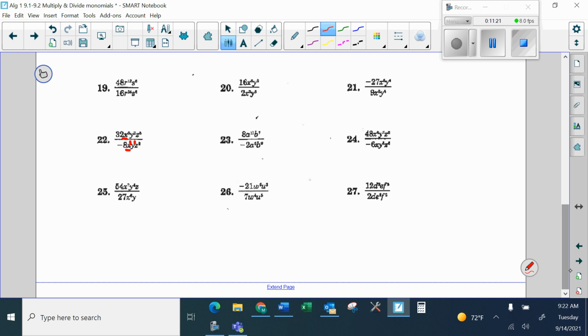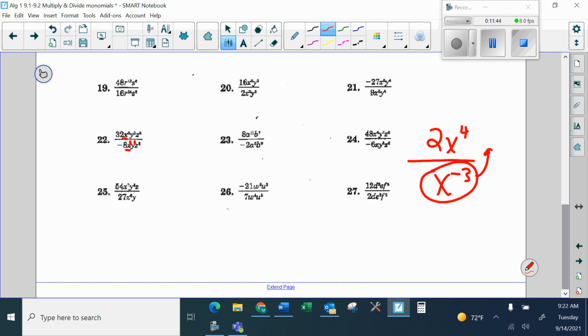Let me make up a different one to show you a different way. Let's say I have 2x to the 4th over x to the negative 3. I could subtract down and do 4 minus a minus 3 and get 7. But the other way is to always just change the negatives to a positive. How do I change that negative exponent to a positive?